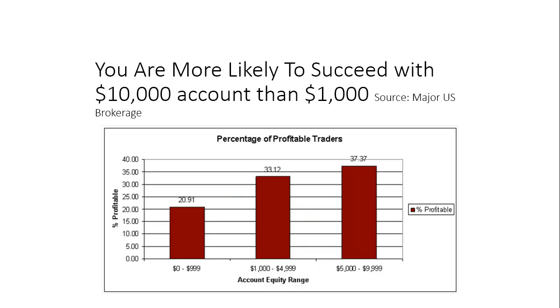What this slide shows you is the percentage of profitable traders with the account equity range. In other words, the amount of money they've got in their account. And you can see that those with under $1,000 are very unlikely to be profitable traders. Those with $5,000 to $10,000, well, there are only 37% of them are profitable traders, but you can see it's a big jump up, almost double from those with only $1,000 to $1,000.